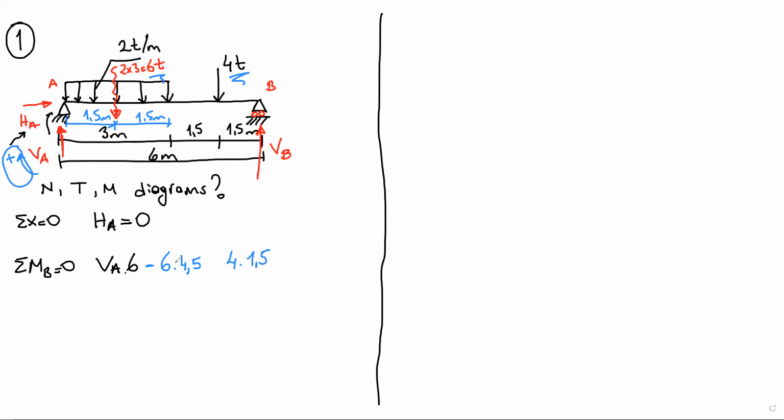That's why I'm gonna put here a minus equals 0. So if we calculate the support reaction here, I have the result, but I need to check it. That's why I'm going to use my calculator. 6 times 4.5.